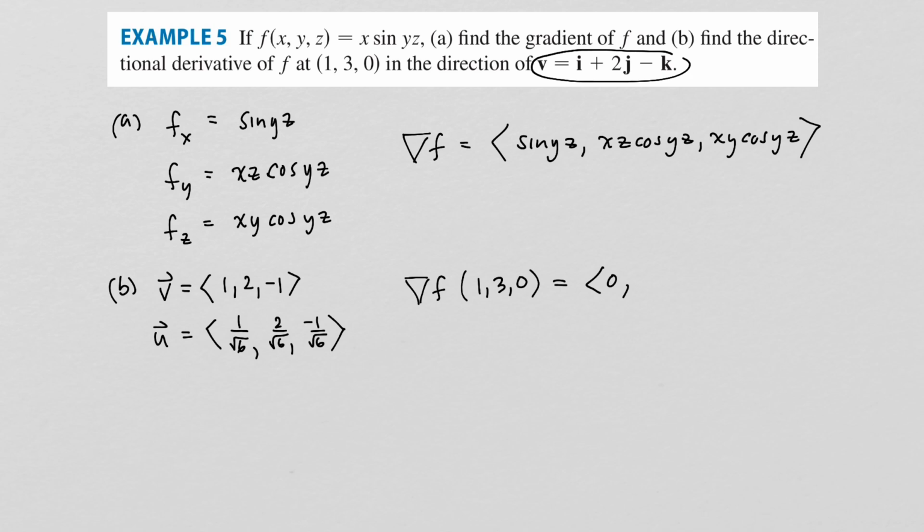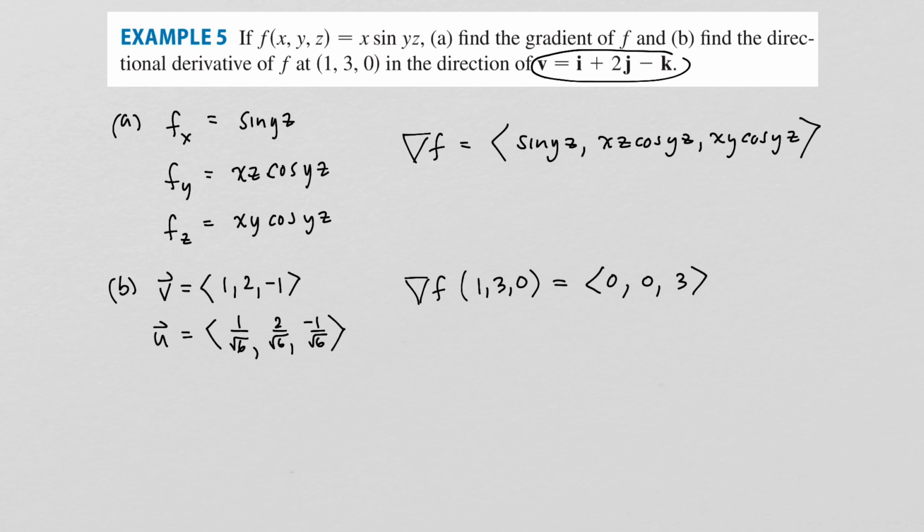And when you plug in z equals 0 here, you also get 0. And if z equals 0 here, the cosine of 0 is 1 multiplied by x and y. So multiplied by 1 and 3 is going to give you 3. So the gradient vector at the point 1, 3, 0 is the point 0, 0, 3.